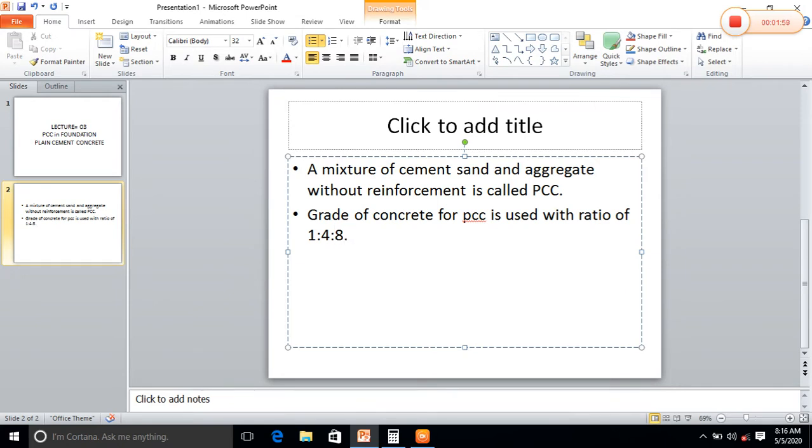Okay, generally grade of concrete for PCC is used with ratio of 1:4:8.